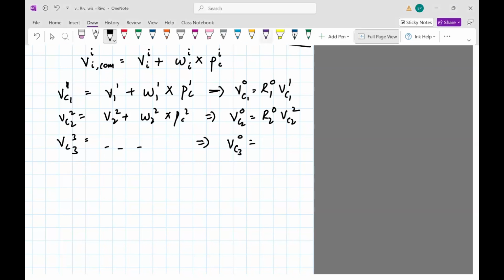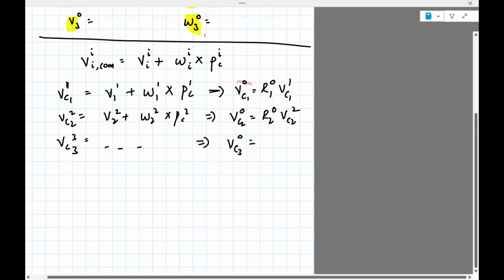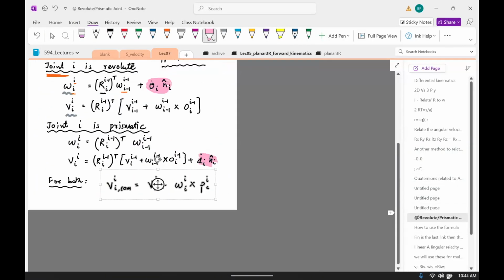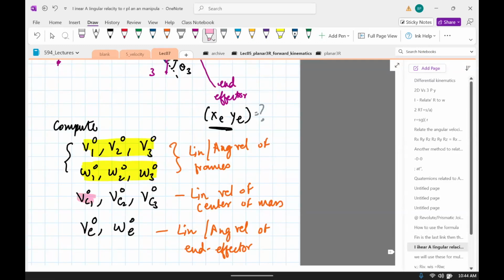Okay, so this is the second part. We had to compute VC1, VC2, VC3, which we did. So this has been computed.